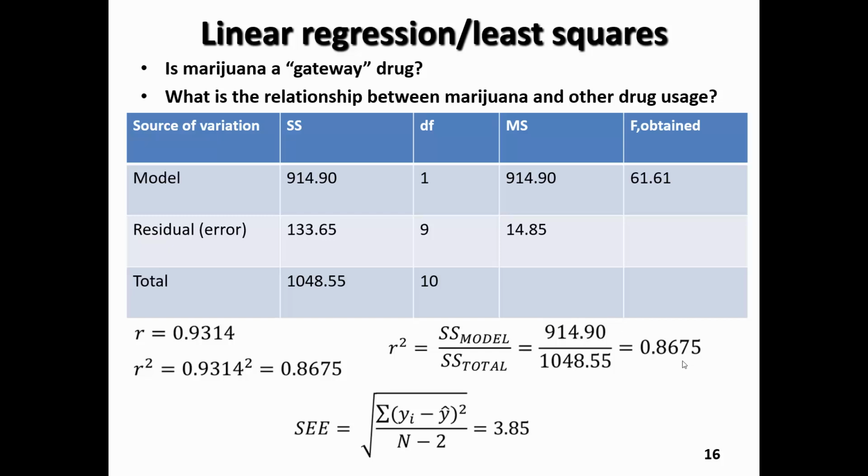So 86.75 is quite a strong relationship between these two variables, and we would conclude that there is a strong direct relationship, or predictability, of marijuana usage to the amount of other drug usage.